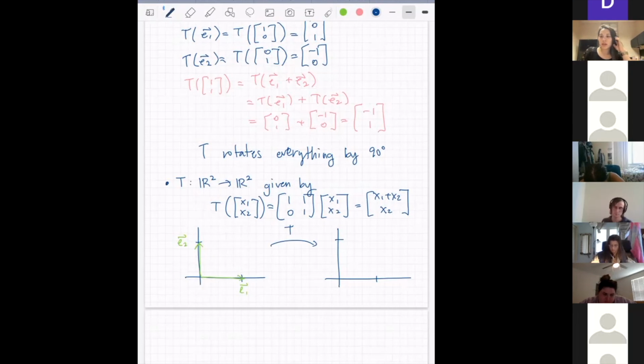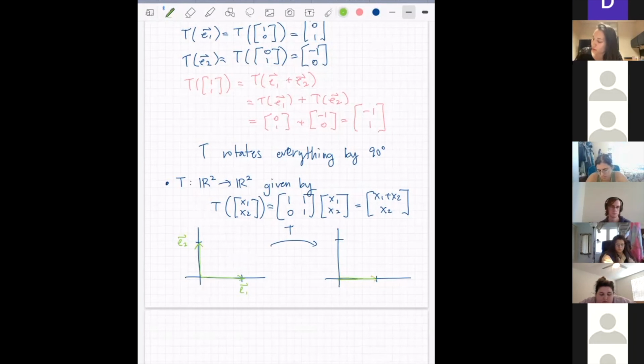Okay, does anybody want to describe what their transformation looks like, or what the images of E1 and E2 look like? I think E1 is the same. The image of E1, yeah, is the same.